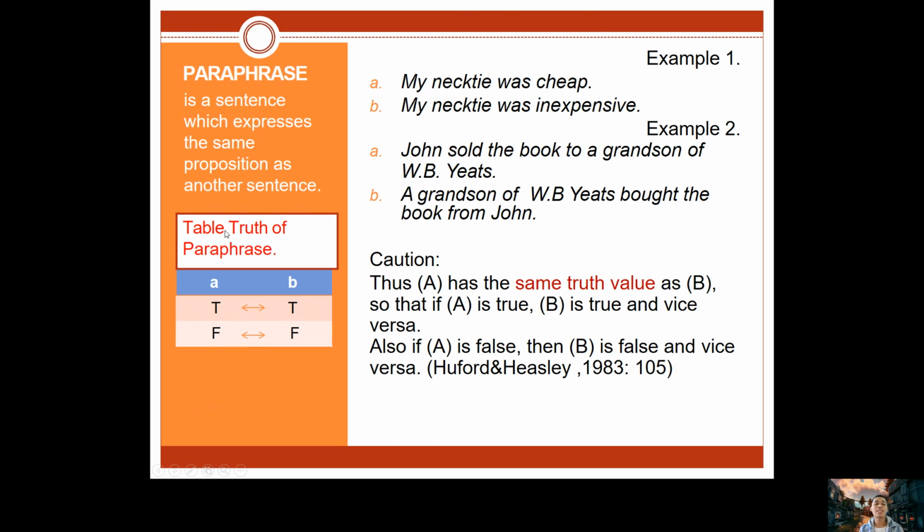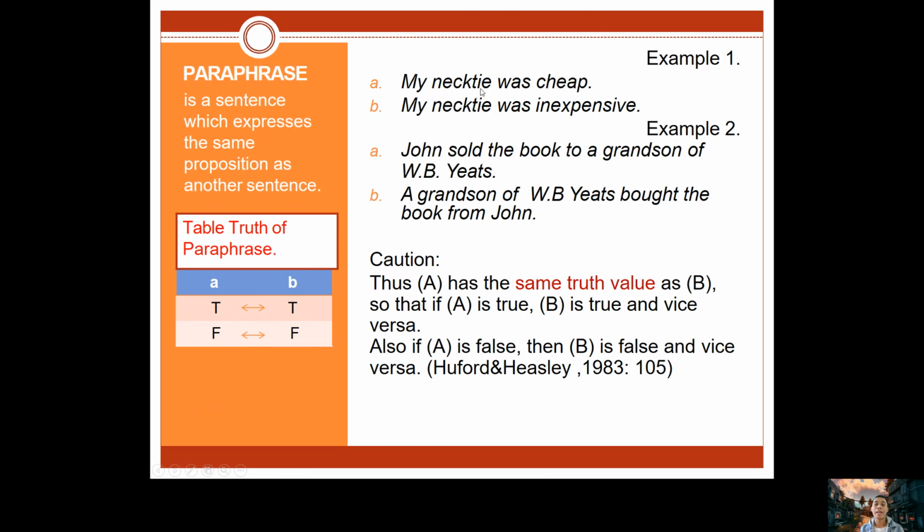Okay, this is the truth table of paraphrases. If the first premise is true, the second premise will be true. These are the rules of paraphrase. If the first premise is false, the second premise will be false.